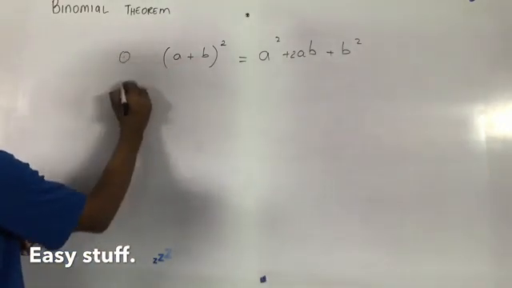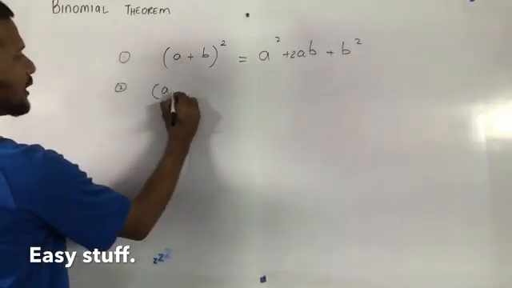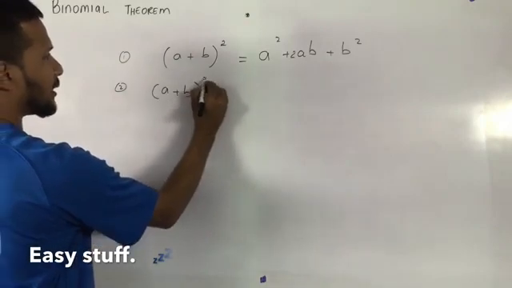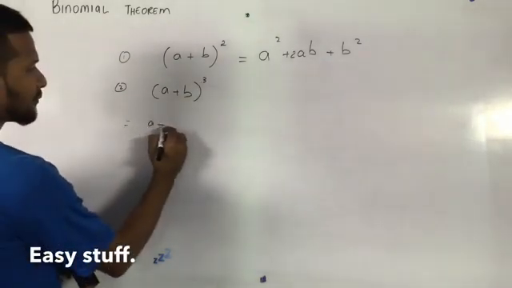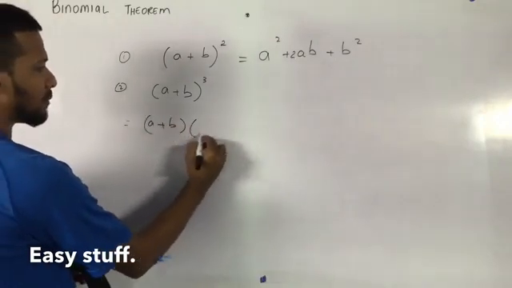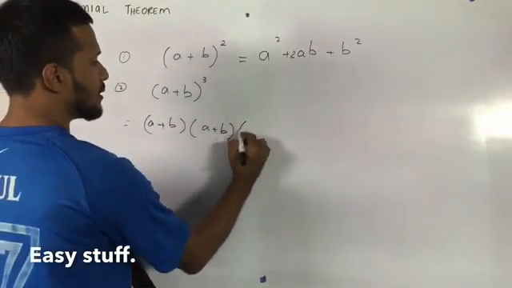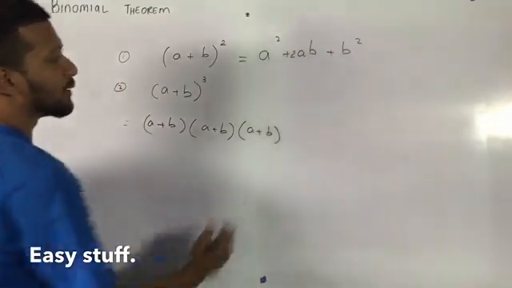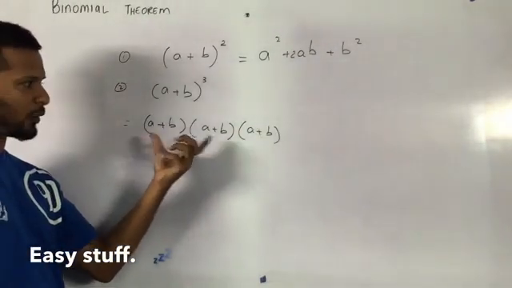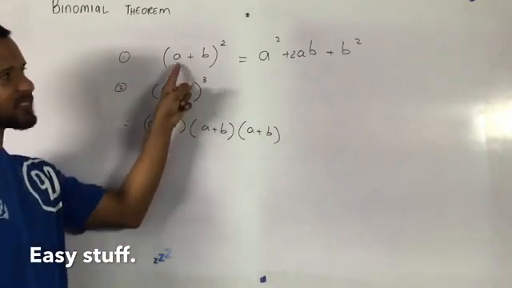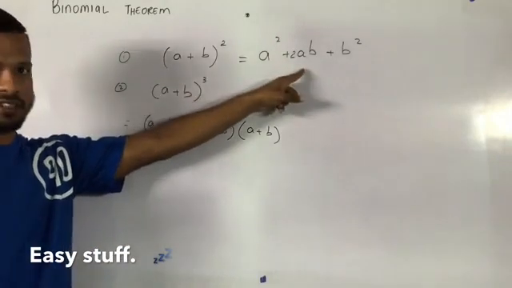So this is 1. Let's say now we had to do a plus b cubed. What will this be? This will be a plus b by a plus b by a plus b. Good? We know a plus b squared already, which is this.